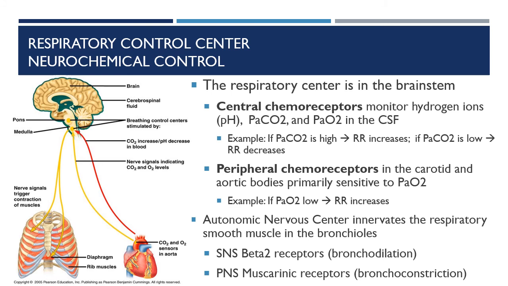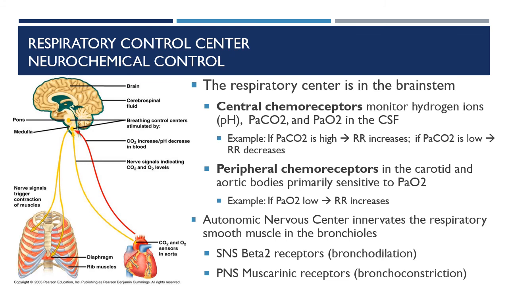So for example, if the chemoreceptors detect that there's an increasing CO2 level in the bloodstream, they can send a nerve signal to the lungs to breathe faster. And by breathing faster at a higher respiratory rate, you blow off CO2, okay?